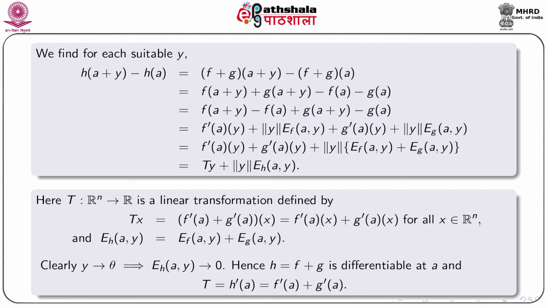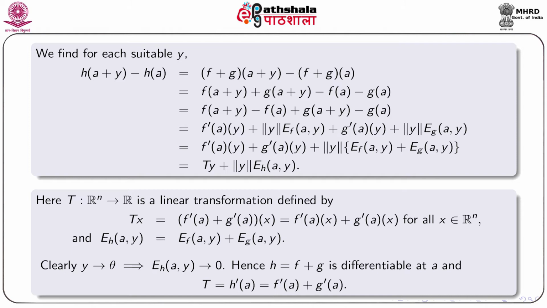Clearly, T from Rn to R is a linear transformation, and it is defined by, for each x in Rn, Tx is nothing but (f'(a) + g'(a)) operated on x, which is f'(a) operated on x plus g'(a) operated on x, and the error term E_h(a,y) equals E_f(a,y) + E_g(a,y).